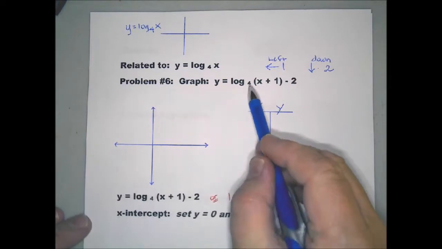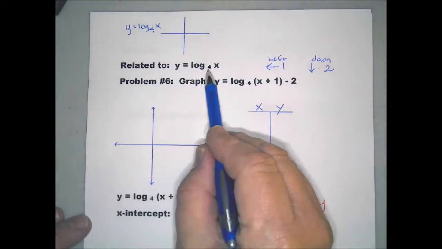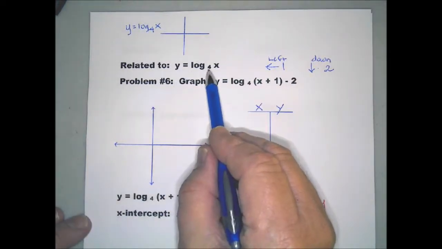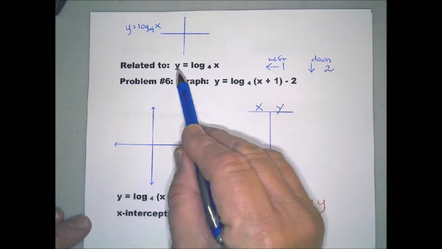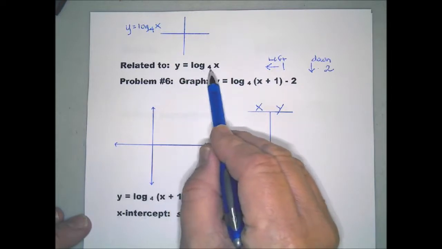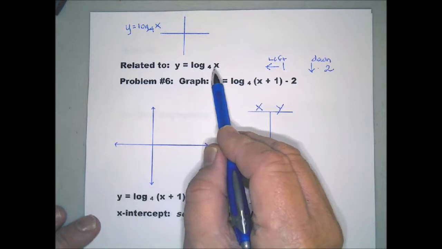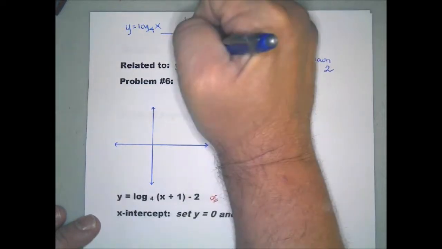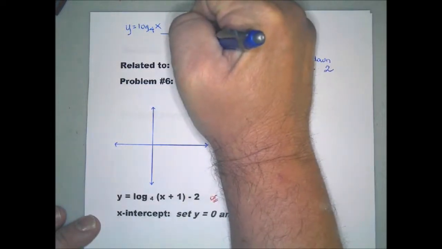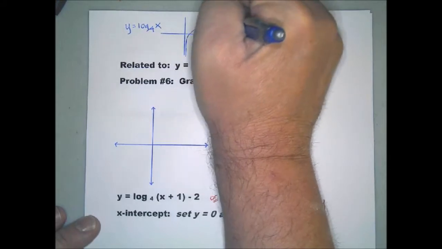But what would help us is, well, what would the graph look like if it hadn't been shifted? What is y equals log base 4 of x? What does it look like? Well, I can tell you what it would look like. It would look something like this.